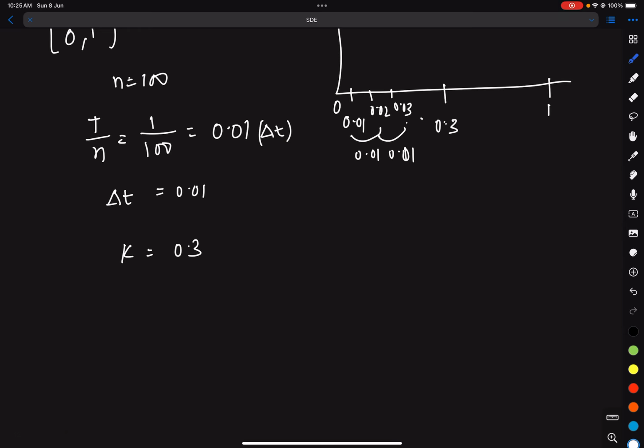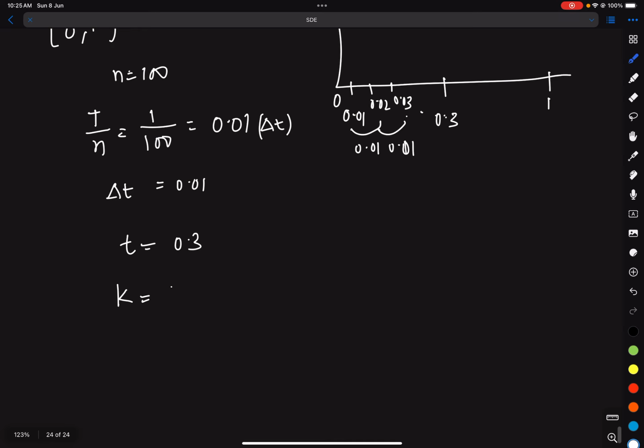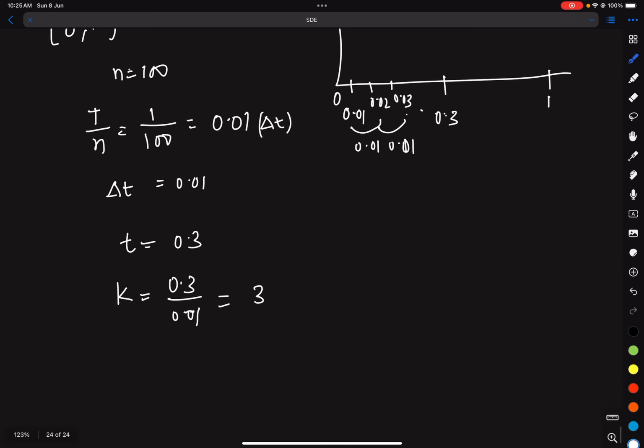Sorry, this is t, that is, we are observing at 0.3. To understand how many steps we took from 0 to 0.3, those are 30 steps, if we divide 0.3 by delta t, which can also be called the variance.